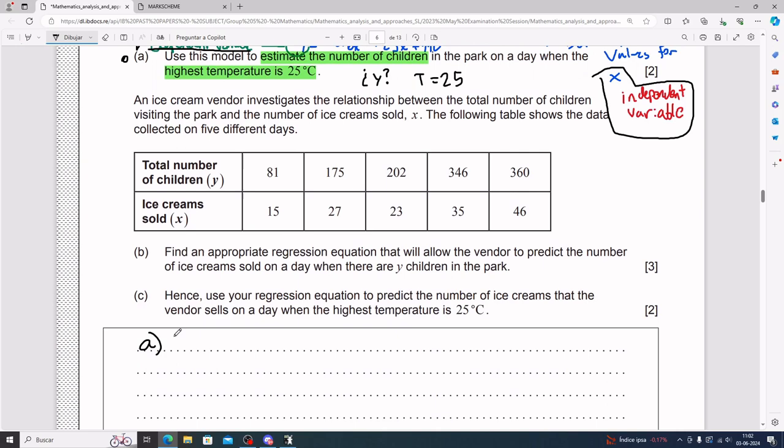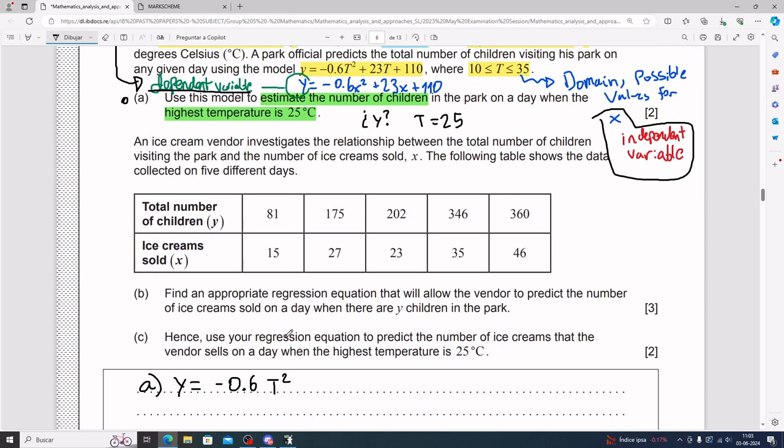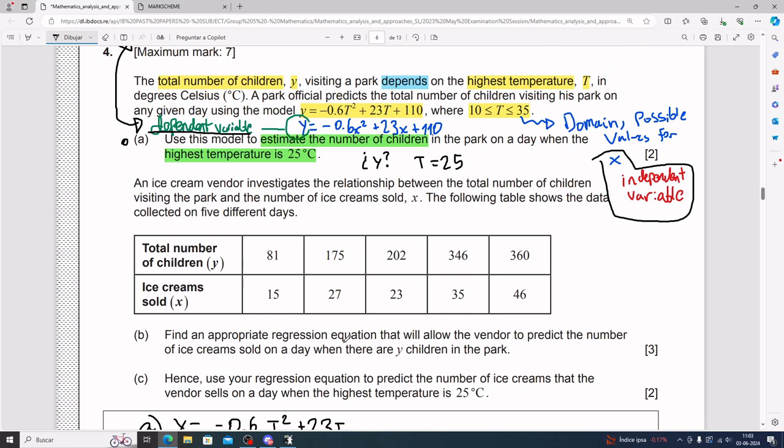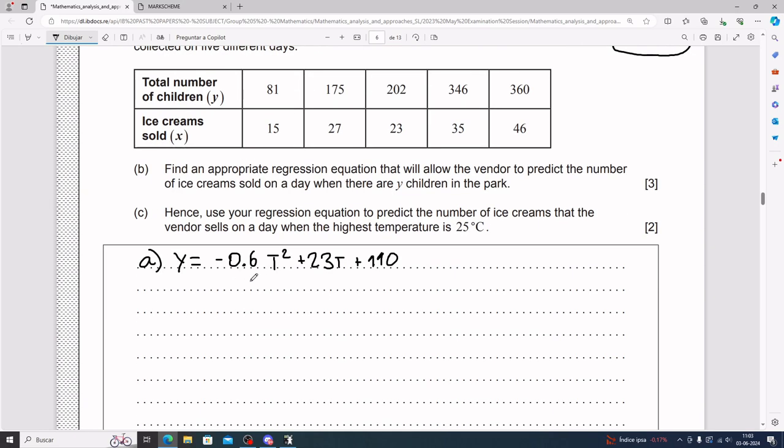So if I write down my equation real quick, we have y equals negative 0.6 t squared plus 23t plus 110. So as I said, what is y when t equals 25? You plug in t equals 25. Technically, you can also do it as plugging in 25, right?